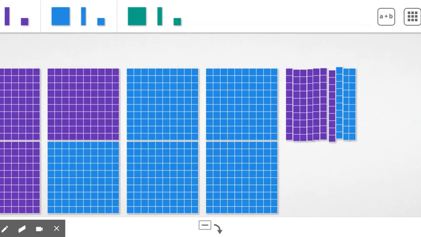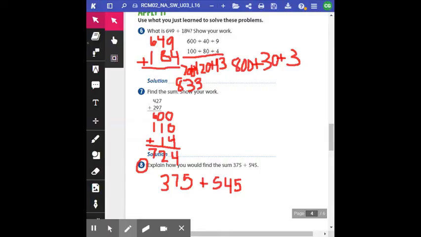Then I can combine my ones. Remember, these ones regrouped to make one group of 10. We have 920. We have no ones because we didn't have any more ones than 10 ones. And remember, 10 ones can be regrouped or reorganized as one group of 10.